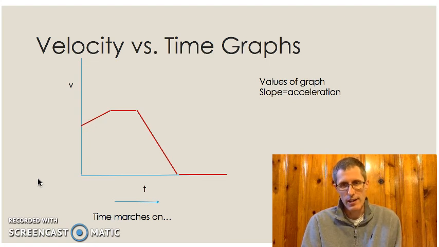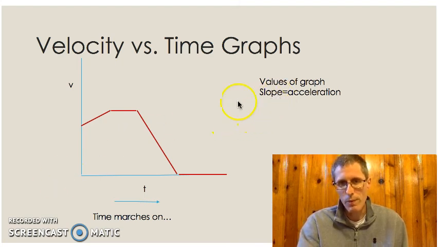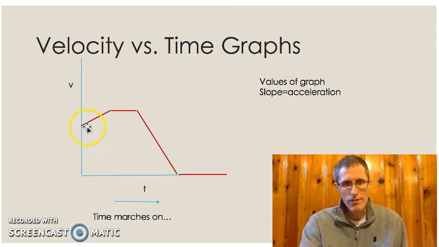Now let's be a little more specific. And remember that the slope of this line, because it's a velocity time graph, is the acceleration. Here, your velocity starts at some number and ends at a larger number. That would seem to indicate that you're speeding up. And lo and behold, it has a positive slope, so we must have a positive acceleration. So you're accelerating.